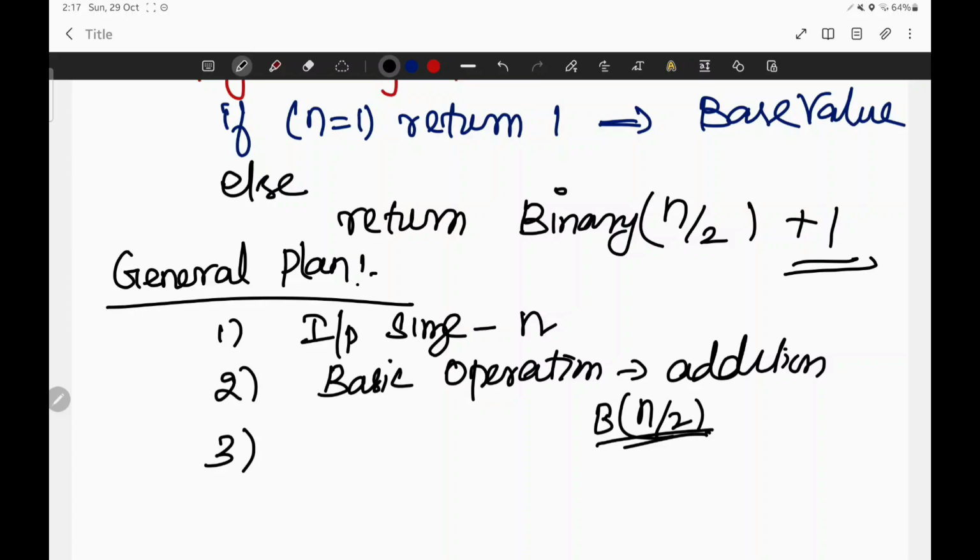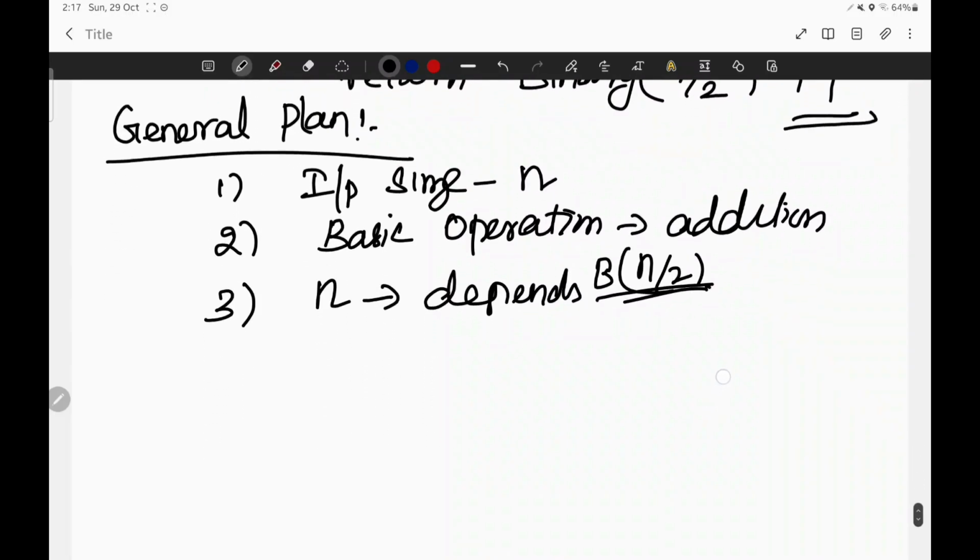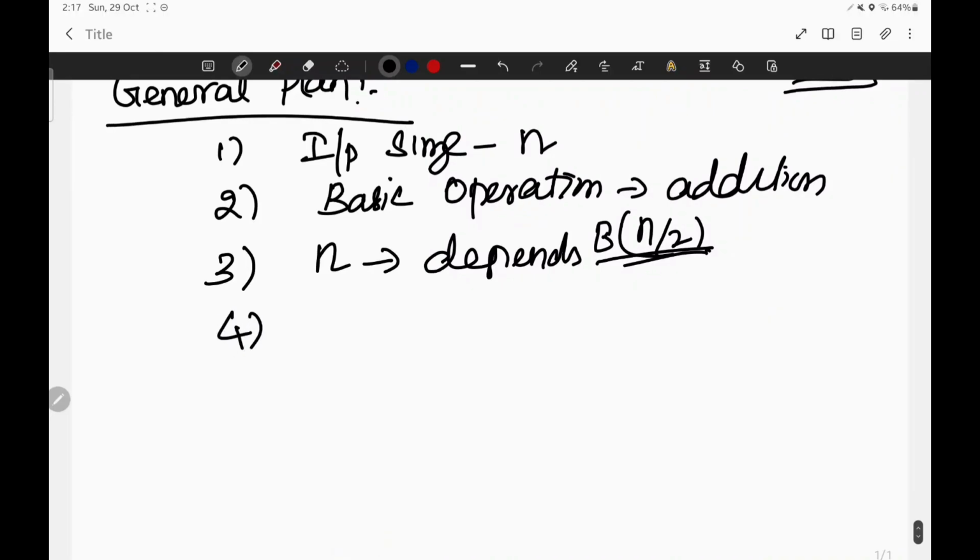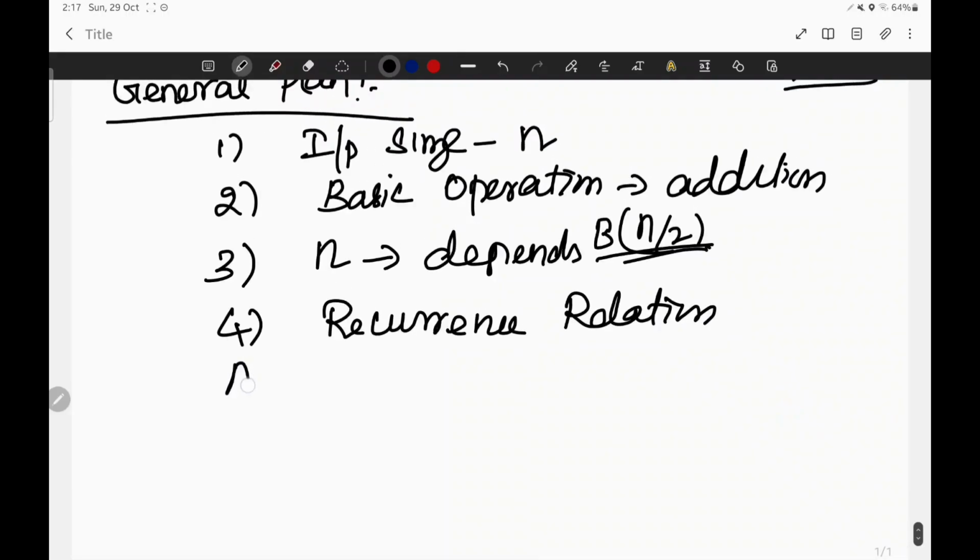Based on the n value, we are going to call the recursive algorithm. So n is equal to 3, therefore we called the function twice. Suppose if it is 10 or 11, then it is more than 3 times. So now we need to find the recurrence relation. A of n is equal to how many times the basic operation?